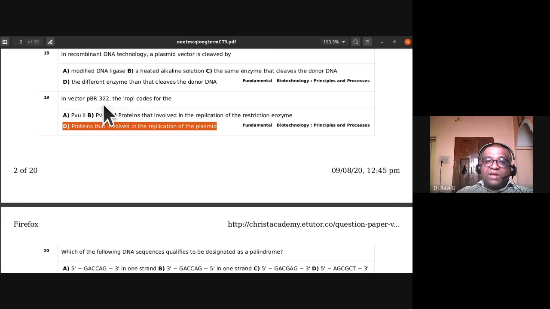They have given different choices: PvuII, PvuI, that is wrong. Proteins involved in the replication of the restriction enzyme, that is also wrong. So in vector pBR322, the rop codes for proteins which are involved in the replication of the plasmid.